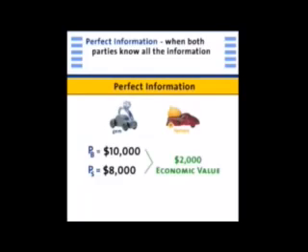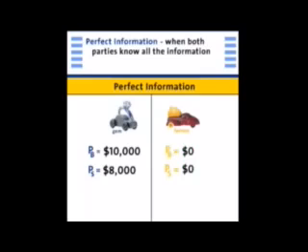On the other hand, let's suppose that with lemons, there is no value for a lemon to anybody. Buyers wouldn't pay any money to get one, and sellers would be willing to give the lemon away for free. So we've got gems and lemons, and we've got the reservation price that buyers have and sellers have for each of these two kinds of cars.